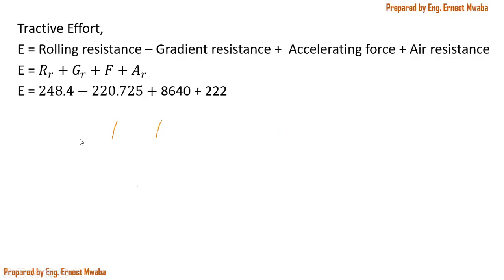So we just replace: rolling resistance was 248.4. We said that this gradient is assisting because it's going downhill. That's why we decided to subtract, because it's no longer a resisting force. So minus 220.725, the accelerating force 8,640, air resistance is 222 newtons.